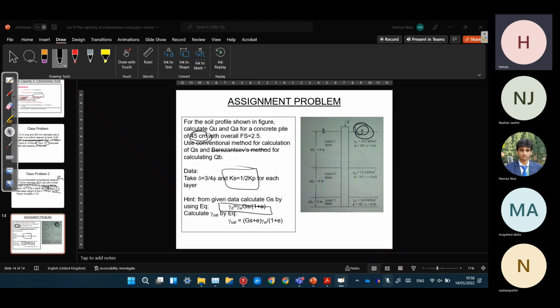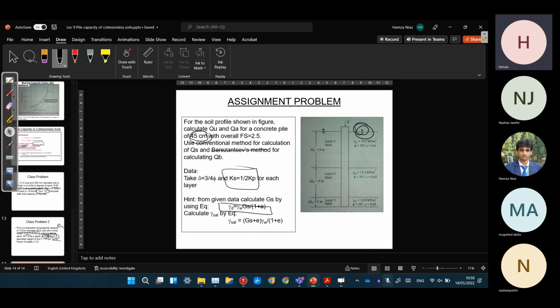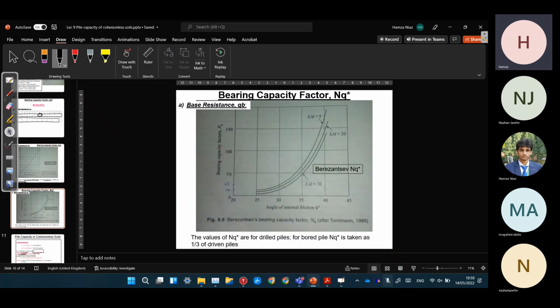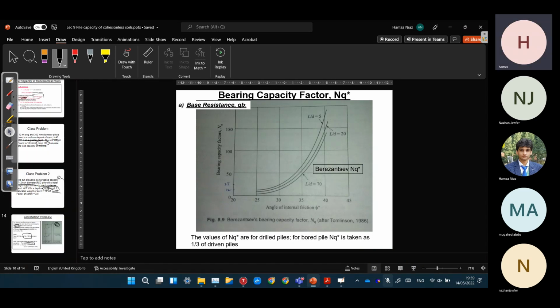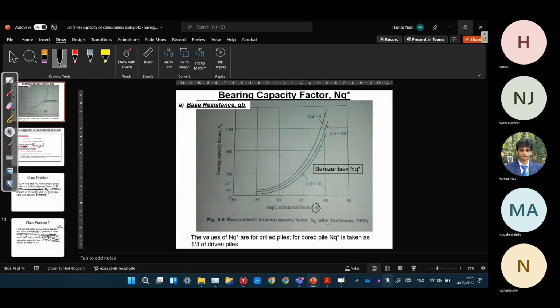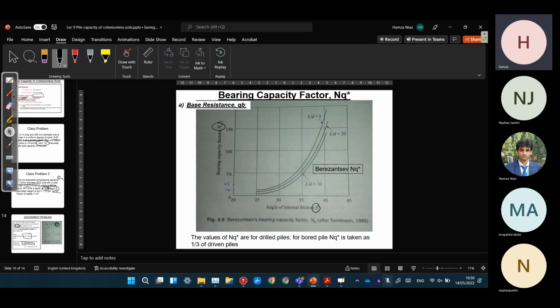They are saying to use this method for calculating Qb. So if we move to the chart like this, in this chart, if we know this phi value, we can find this Nq value.